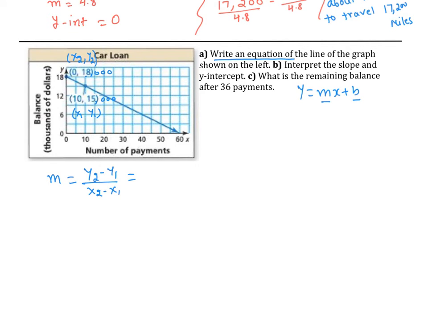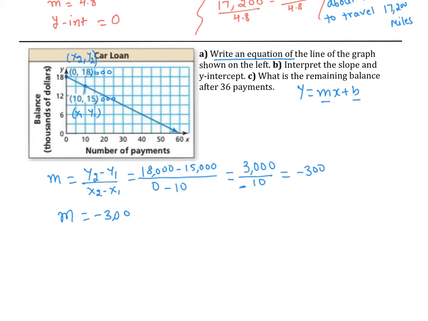So y2 minus y1 means 18,000 minus 15,000 divided by x2 minus x1, so 0 minus 10. Now you have 3,000 on the top divided by 10, and you get negative 300 because the 10 is negative. So the slope is negative 300. Just remember the line is a falling line from left to right, so we have a negative slope.